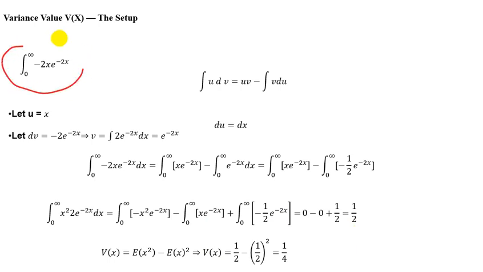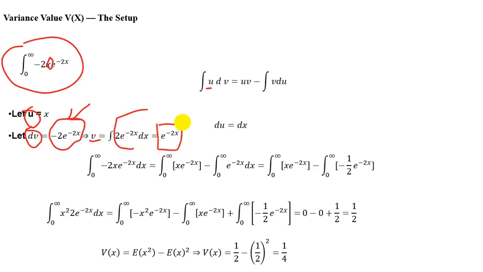So this is our integral, how to find it. Let our u here be x, this x, while for the derivative of v, we take the second function, which is minus 2e^(-2x). Here our v, we can find it, which is the primitive of this. We get e^(-2x), which is the antiderivative of this.